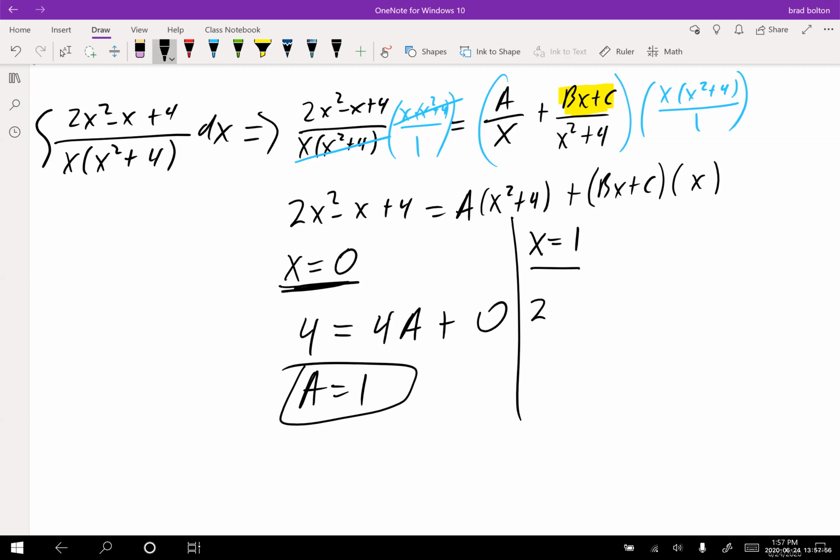So this will become 2 minus 1 plus 4 equals 5A, since 1 squared plus 4 is 5, plus B plus C, because I plugged a 1 into here and a 1 into there. So now I have 5A plus B plus C, and 2 minus 1 is 1, so 5 equals 5A plus B plus C.